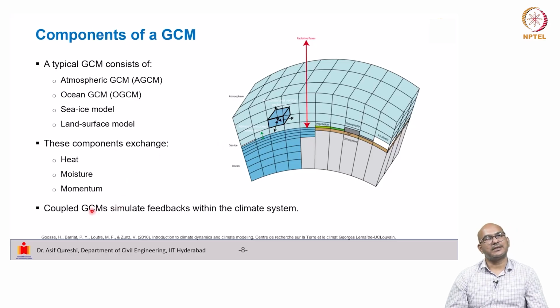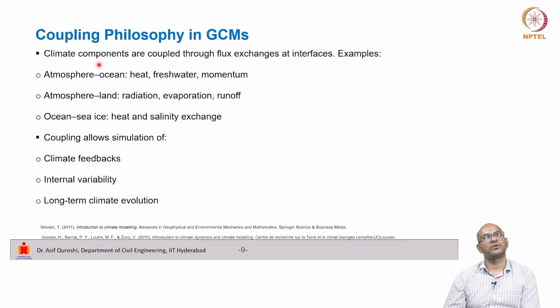So, the coupled GCM, coupled meaning the atmosphere coupled to the ocean, coupled to the sea ice, coupled to the land surface model, will simulate feedbacks within the climate system, and this becomes a highly detailed GCM. These climate components are coupled through flux exchanges at the interfaces.